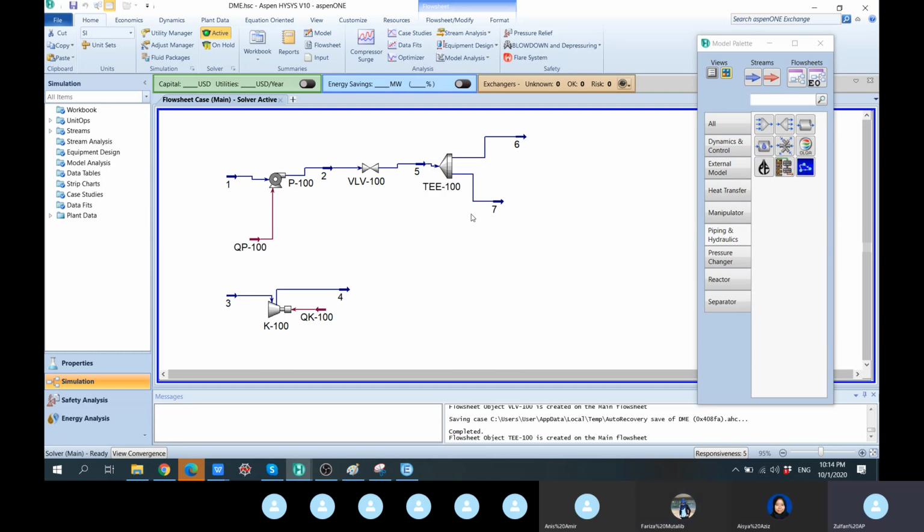So it's one equation, three variables. That means we have to specify two variables to make this equation solvable. You know M5 already, so that leaves us with one more. We specify the flow ratio, or in this case the flow rate of stream 6, and hence the flow rate of stream 7 will be calculated automatically. Excellent.